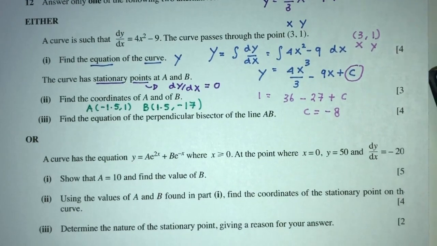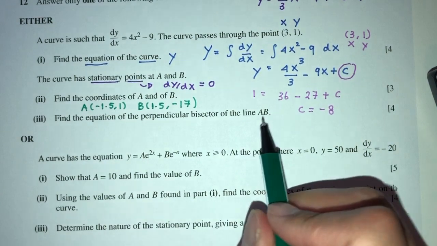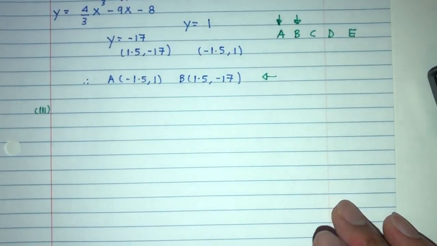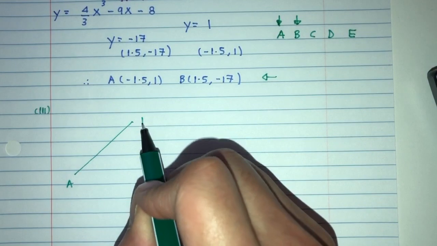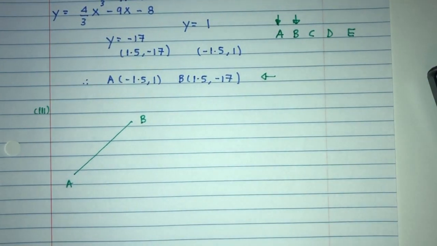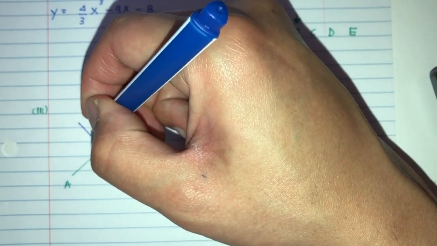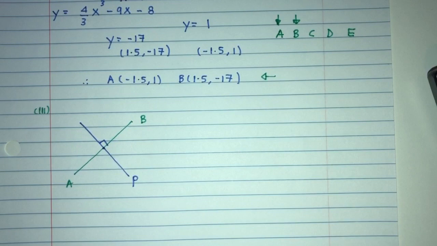Now we have to find the equation of the perpendicular bisector of the line AB. So pretty easy. Let's say we have a line AB which looks like this. This is A and this is B. The perpendicular bisector is a line that is passing through the midpoint of AB at 90 degrees. So we have to find the equation of line P.